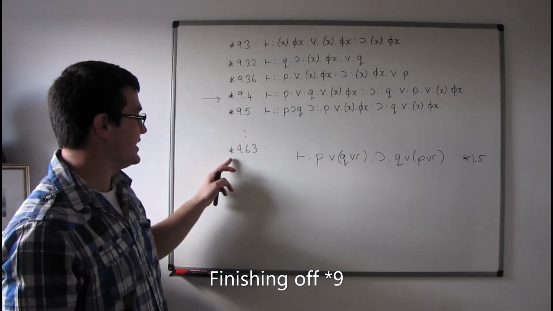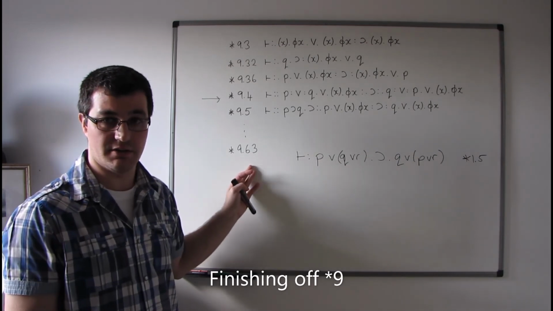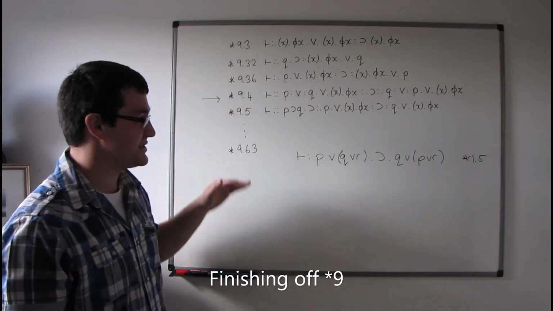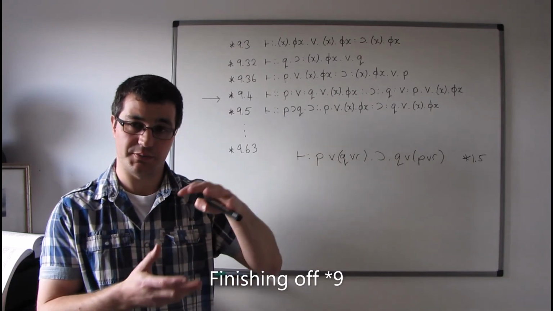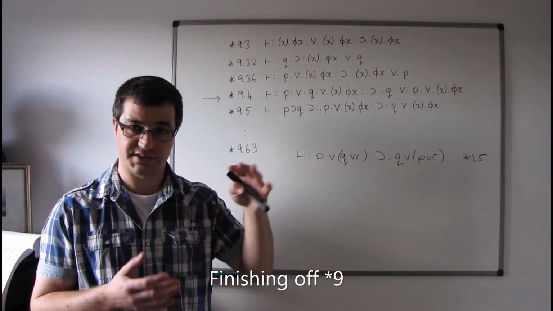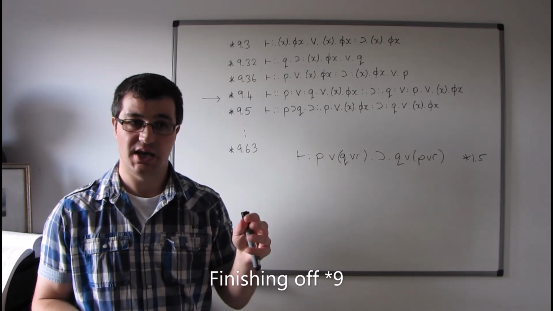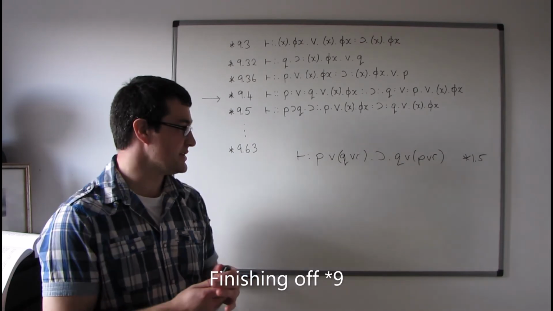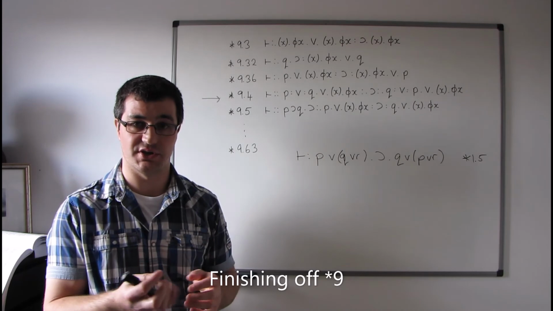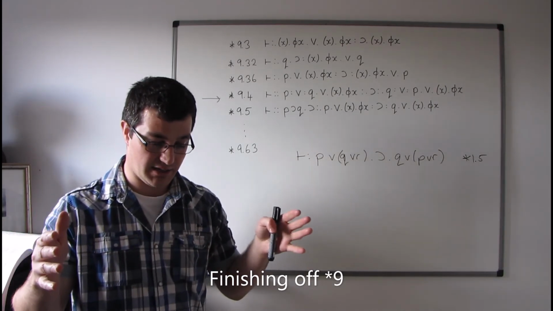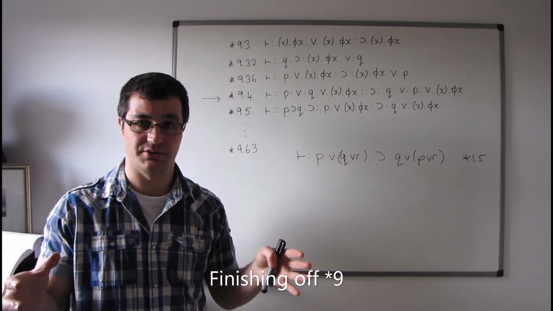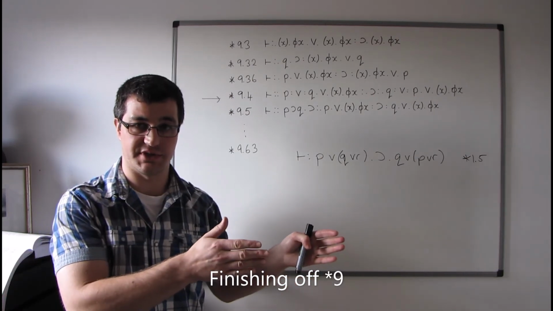And that takes us right up to proposition 9.63. So once we get to 9.63, we've effectively proved that if we take each of the primitive propositions from section 1, and replace one of those elementary propositions with a first order proposition, we can prove a formally identical proposition to that primitive proposition.